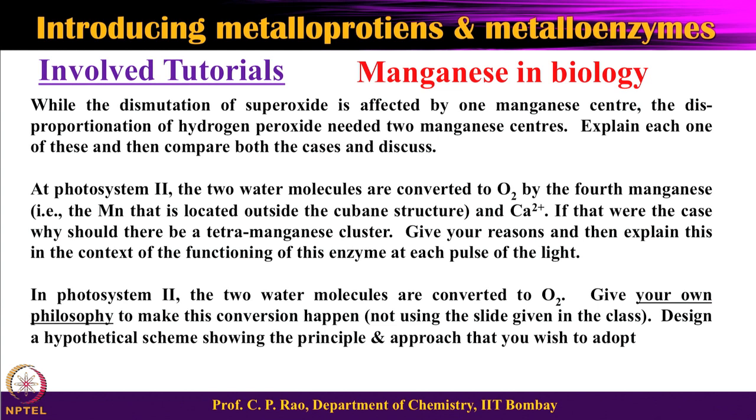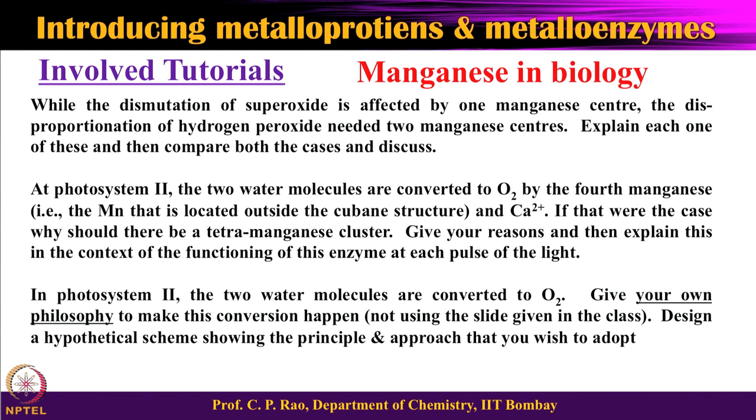While the dismutation of superoxide is effected by one manganese center, the disproportionation of the hydrogen peroxide needs 2 manganese centers. What is the dismutation of superoxide? It is called superoxide dismutase. What is the disproportionation of the hydrogen peroxide? It is called catalase. So, you have superoxide dismutase and catalase.